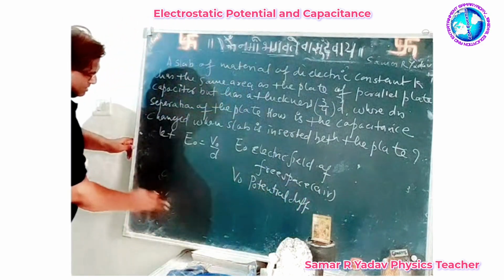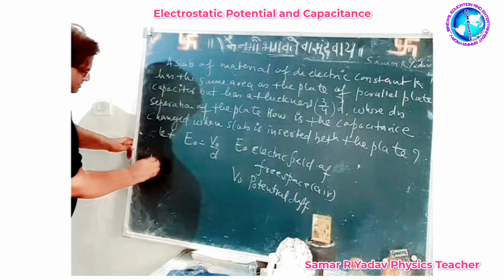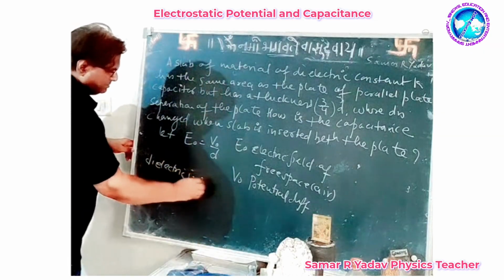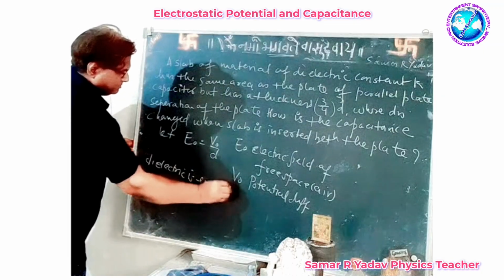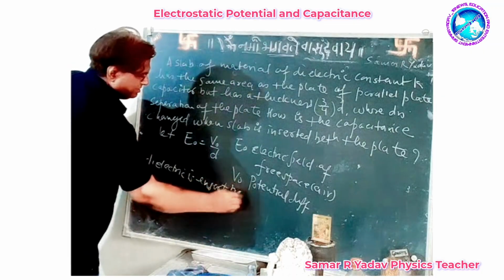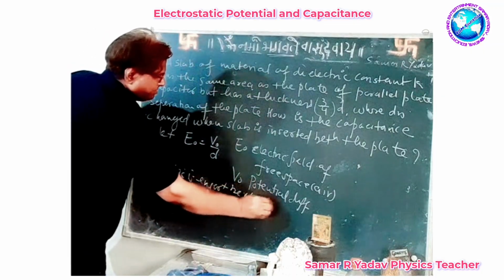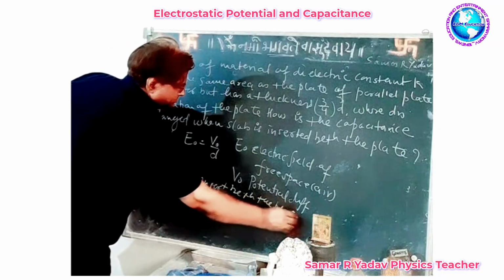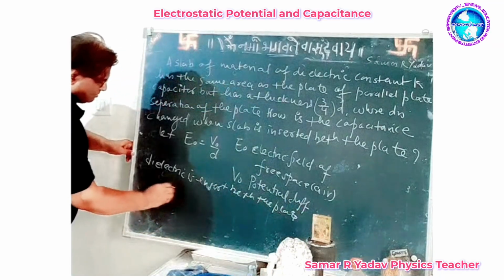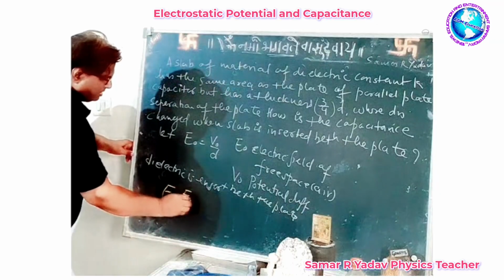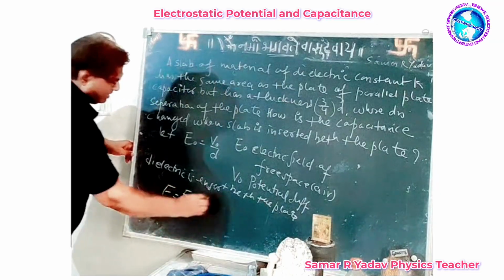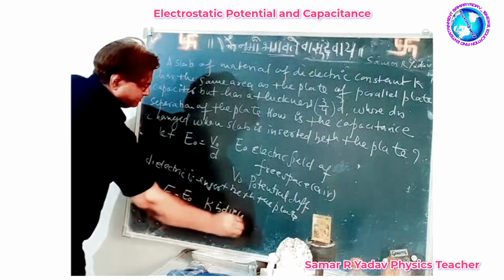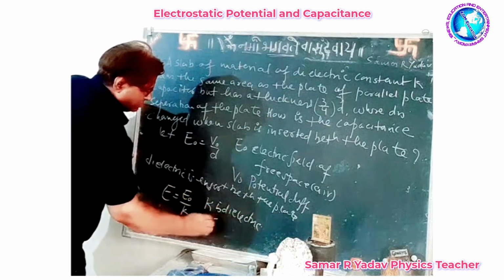Now when the slab is inserted between the plates, the field is given by E is equal to E0 by K, where K is the dielectric constant.